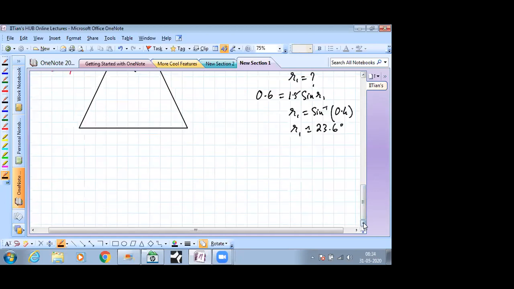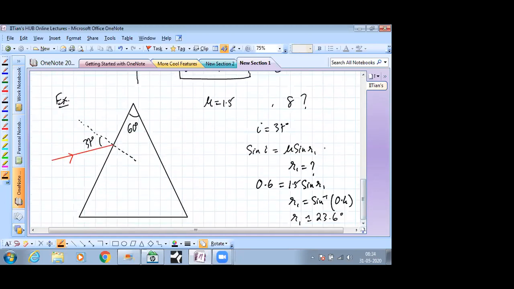So this was our relation 1 that we used. Now let us say we know that the beam of light has bent inside something like this, and it's incident there now. So we know that this angle r1 has become that much.